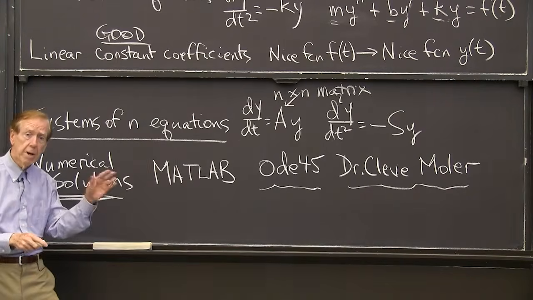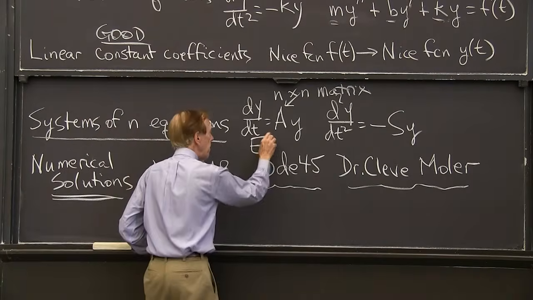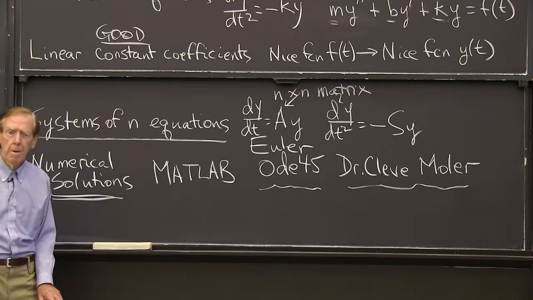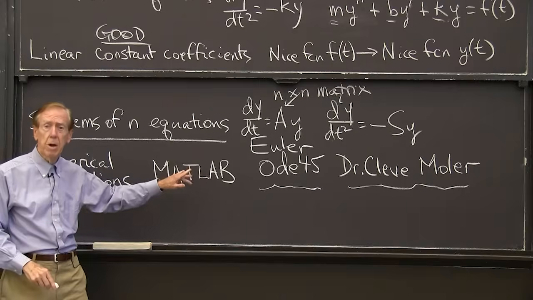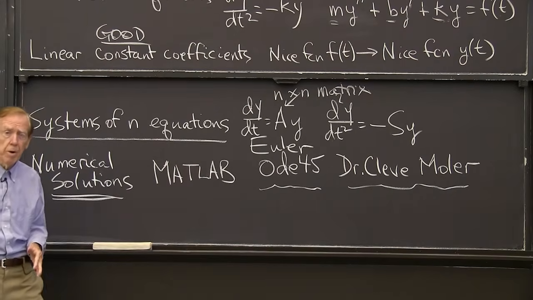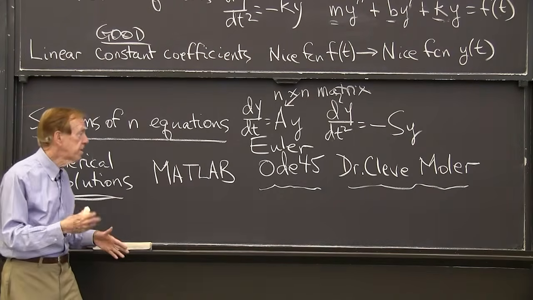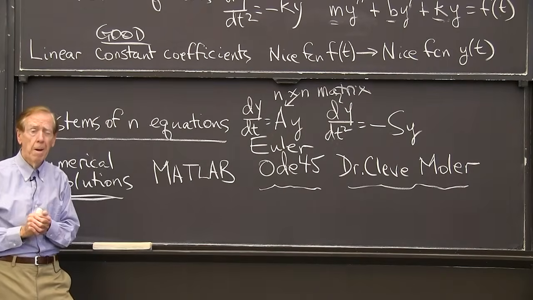Those steps begin with a very simple method. Maybe I'll put the creator's name down, Euler. So you can know that because Euler was centuries ago, he didn't have a computer, but he had a simple way of approximating. So Euler might be ODE1.